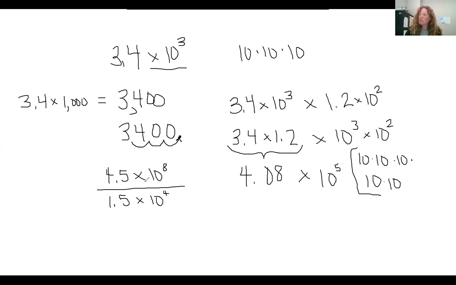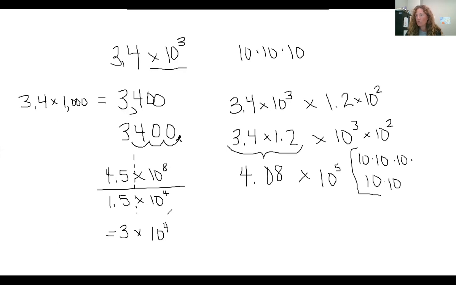In this case, to divide, I can think of, I'll draw a dotted line here, my coefficients separately from my pieces with the exponents, and divide them. So 4.5 divided by 1.5 is 3. 10 to the 8th divided by 10 to the 4th is 10 to the 8 minus 4, which is 10 to the 4th.